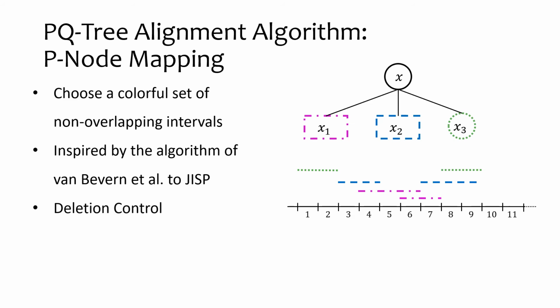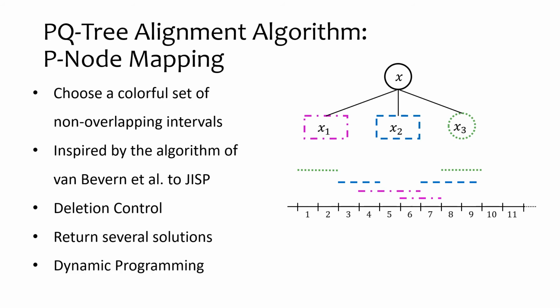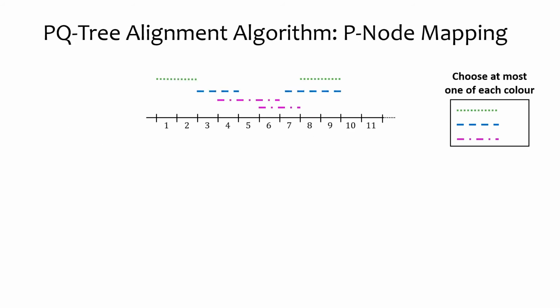However, JISP does not consider uncovered sections of the real line, which in our case means deletions from the string. In addition, our problem differs from JISP by the fact that we return an optimal solution for every substring of the input string. Our algorithm is a dynamic programming algorithm, and at each step we consider a different prefix of the real line and look for a colorful set of non-overlapping intervals that covers it.